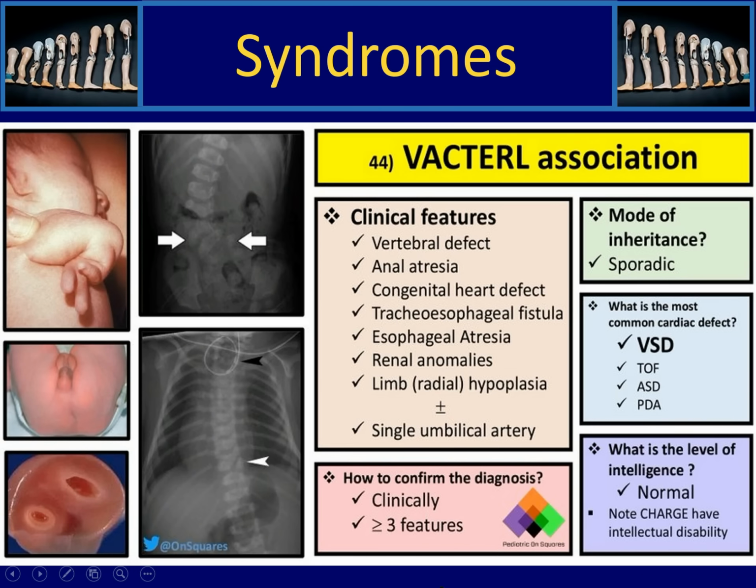How do we confirm this diagnosis? If you have seen 3 of the features clinically, you can make the definite diagnosis. The inheritance is sporadic. As we told you from the beginning, if you notice that the patient has a limb deficiency, most of them are not associated with congenital anomalies, but with 3 exceptions we have told you before, like this patient with the VSD, ventricular septal defect.